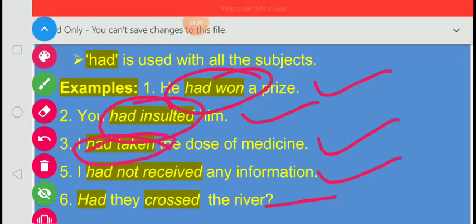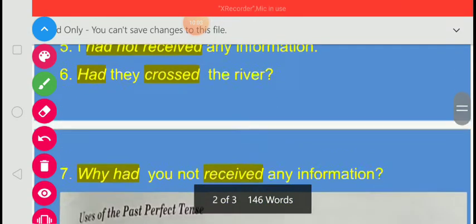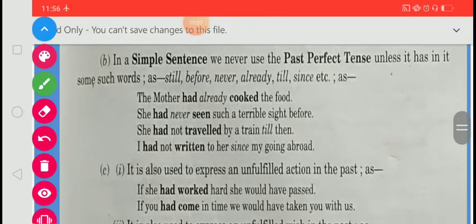So I have given you these examples, but in this way we cannot use past perfect tense. It is always used in the combination of simple past tense and past perfect tense, or it is used when an adverb of time is mentioned. Okay, so now let's come back to the second use.